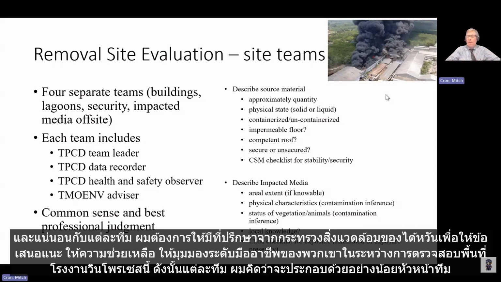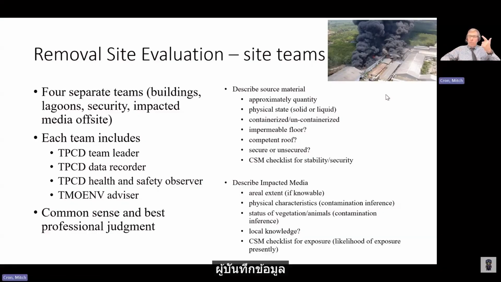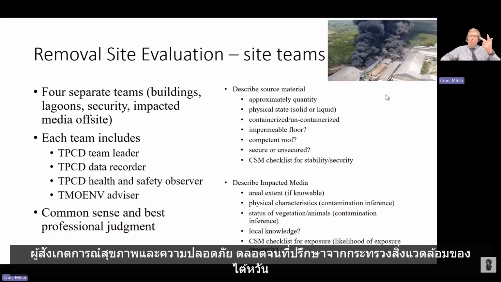And of course, with each team, I wanted there to be a Taiwan Ministry of the Environment advisor to provide feedback, to provide assistance, to provide their professional views during this inspection of the Wind Process site. So each team, I think, would at least include a team leader, a data recorder, a health and safety observer, as well as a Taiwan Ministry of the Environment advisor.